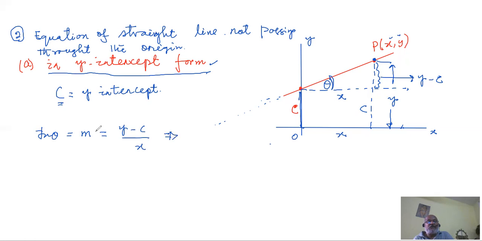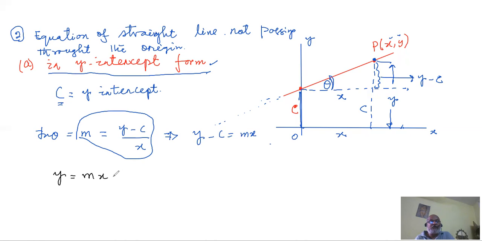If you cross multiply, y minus C comes out as mx. The last step will be our equation. If you send C to the other side, y becomes mx plus C. That is the equation we are searching for, the equation in y-intercept form. Okay, y equal to mx plus C.